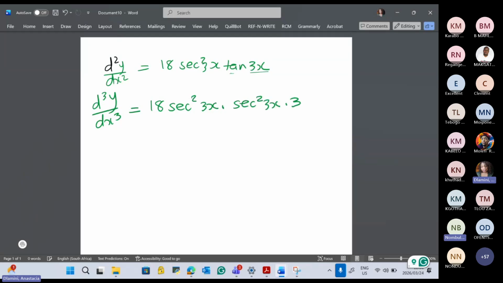Are we together? Yes, ma'am. Okay. Now let's differentiate this part. So then this is plus 18.